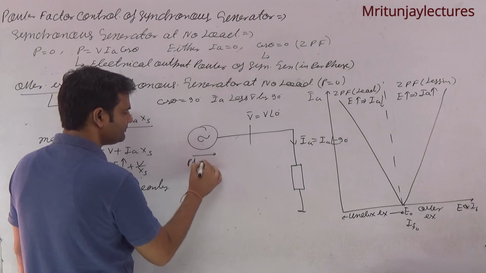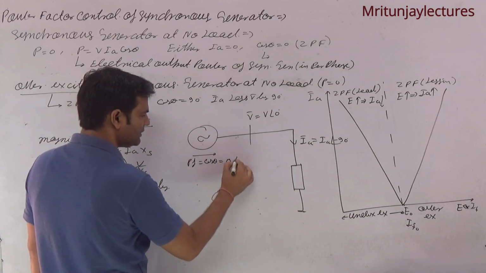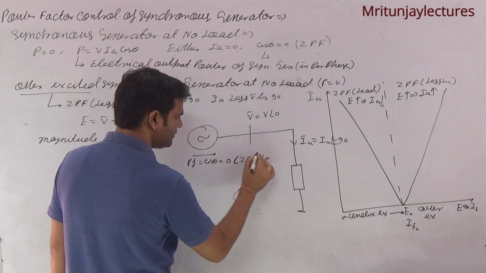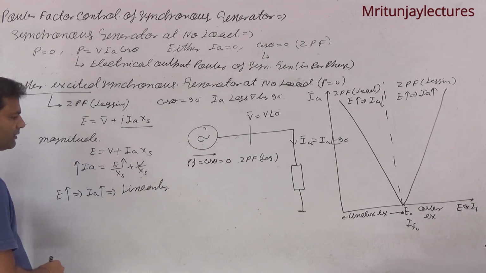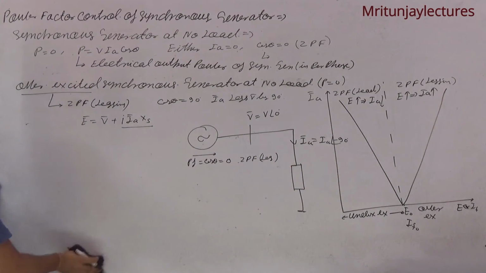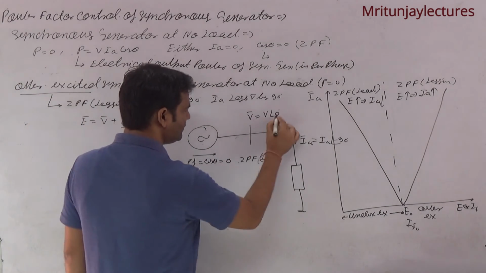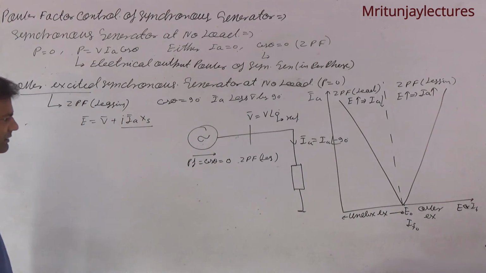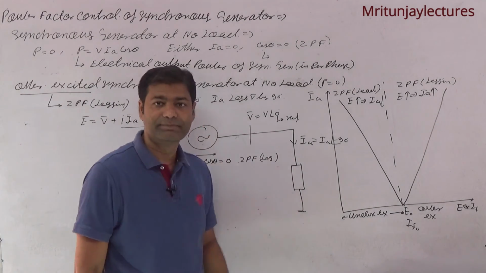Power factor cos theta is equal to 0, ZPF lagging. V is V at the angle 0, and IA is IA at the angle minus 90. This load behaves as an inductor.